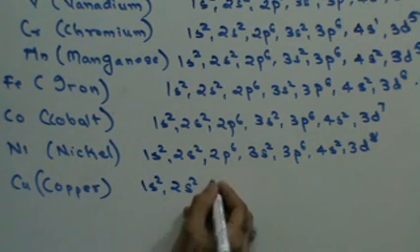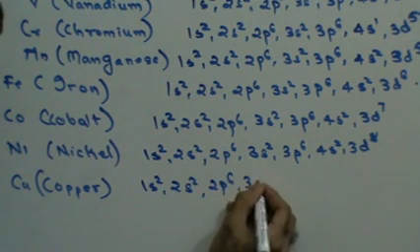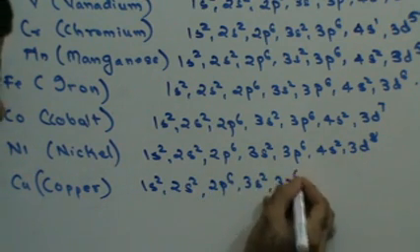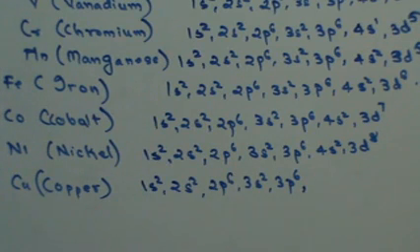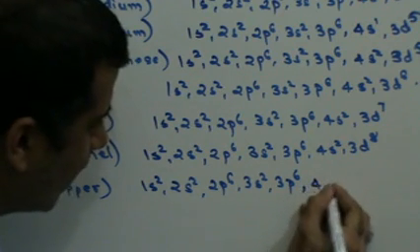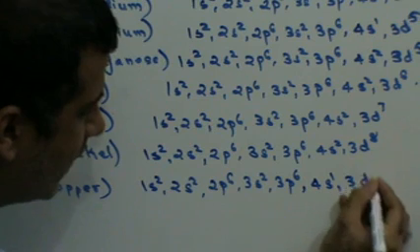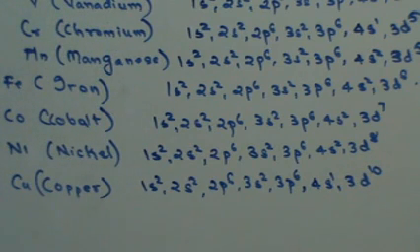1s2, 2s2, 2p6, 3s2, 3p6. Now, this is again like chromium. Variable valency. So this is going to be 4s1 and 3d10. Copper is going to be 4s1 and 3d10.